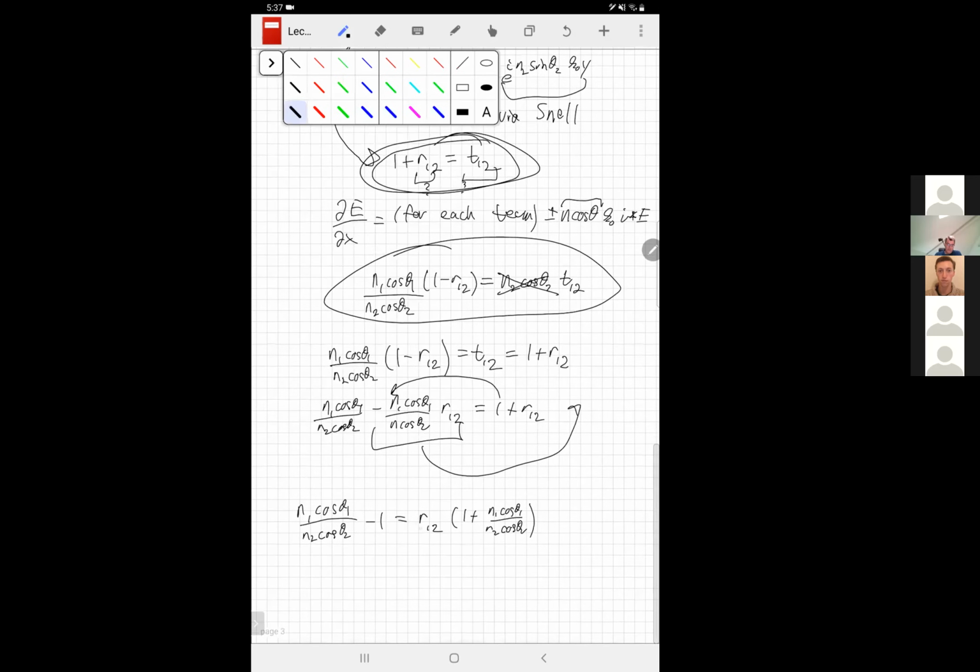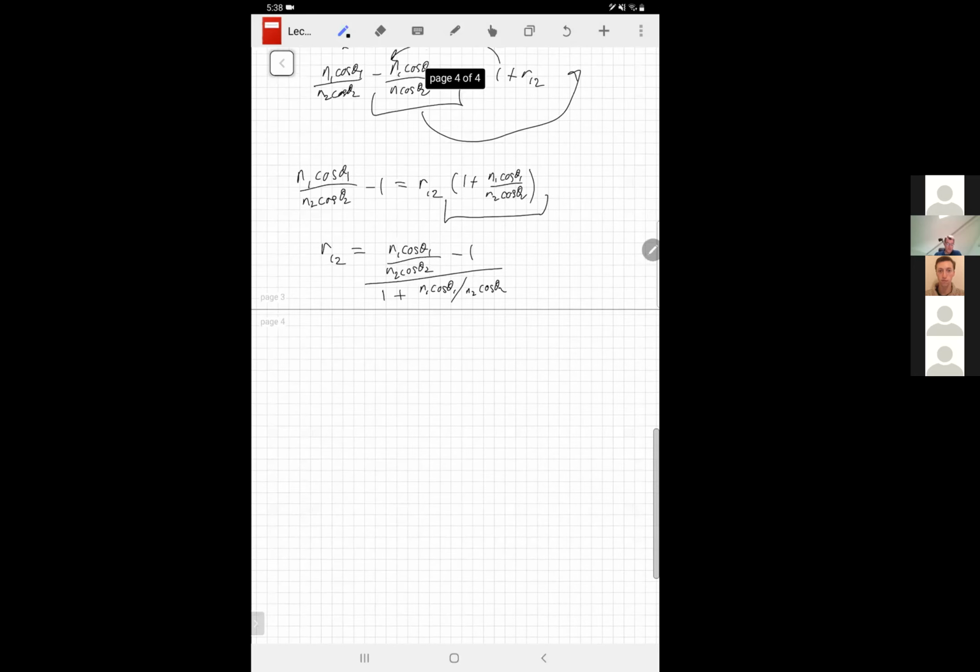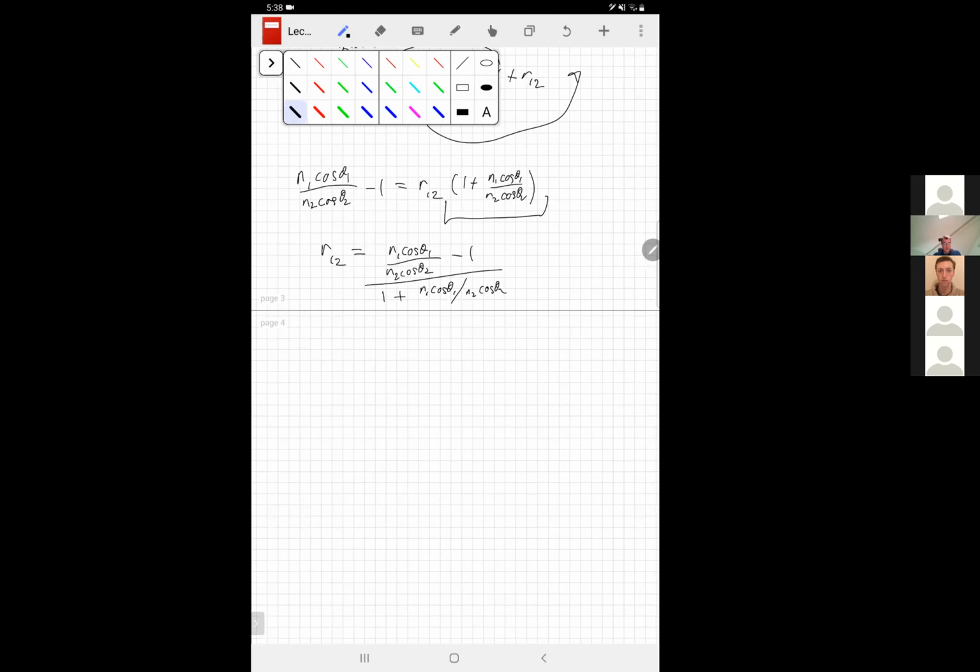And now we can just divide both sides by this to get R12. And that is equal to N1 cosine theta 1 or N2 cosine theta 2 minus 1 over 1 plus N1 cos theta 1 over N2 cos theta 2. We're almost done.